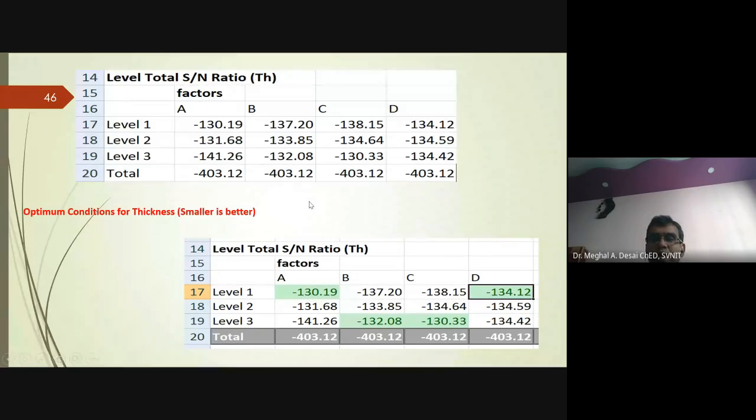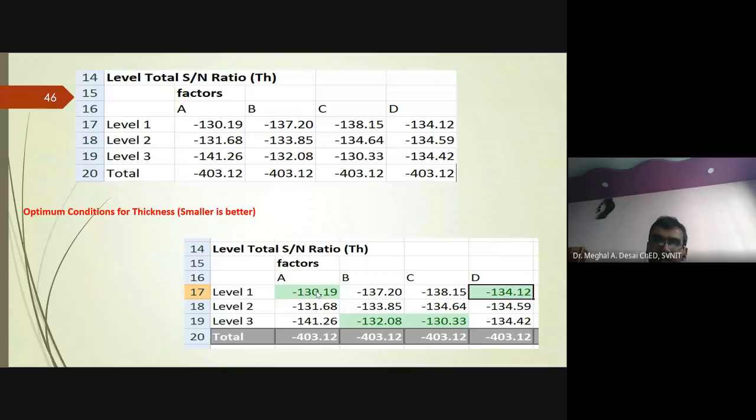Now I need to select the best condition. Though my optimum answer for thickness is focusing on the smaller is better case, I need to select the highest value only. Please remember that we have taken care of that information of smaller is better in the equation.